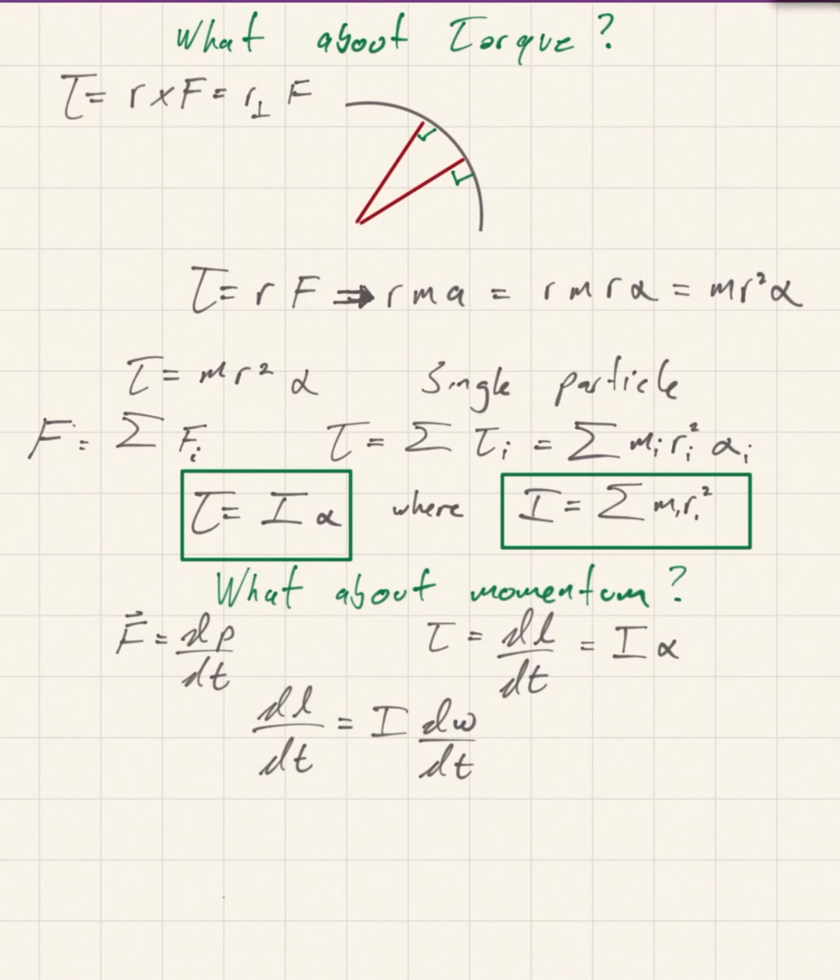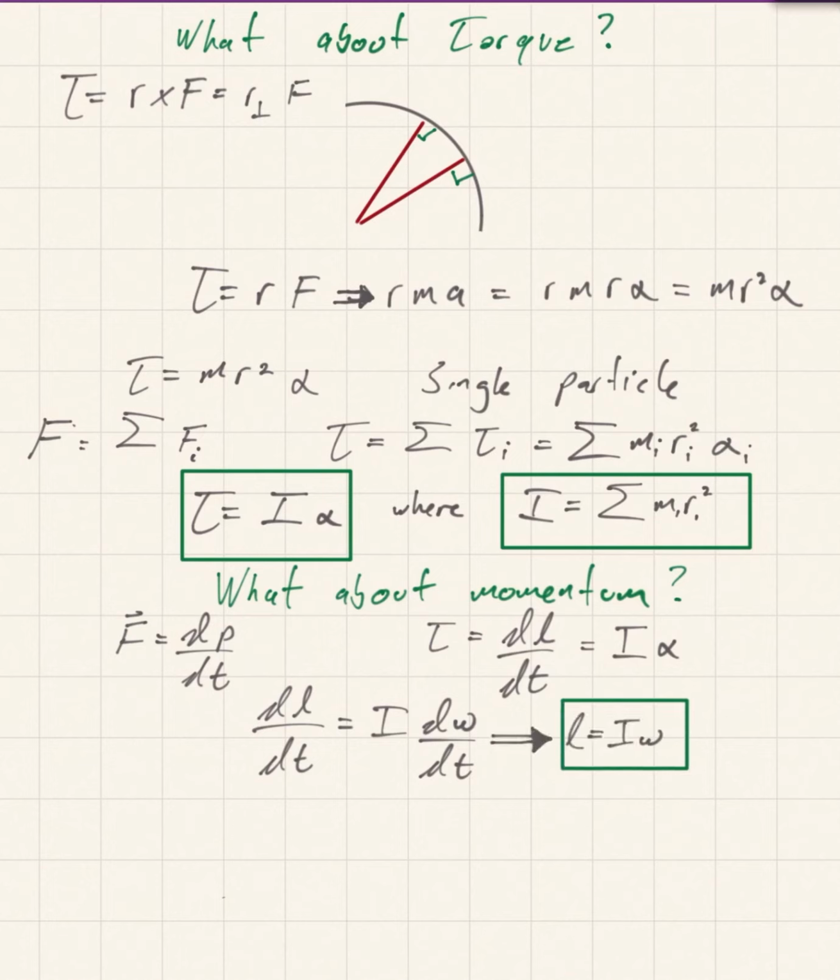Again, here I made the assumption that I is constant, just like mass is constant when we arrive to F equals ma. And so therefore I was able to take I outside the derivative. And I can see that I would be constant, and then dL/dt would simply be something along the lines of d omega/dt.